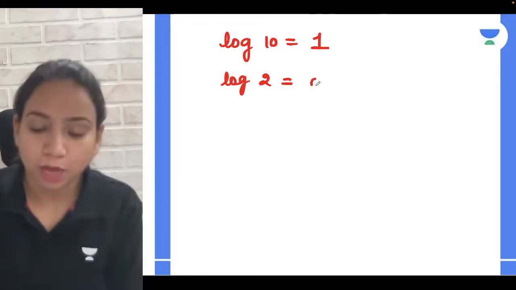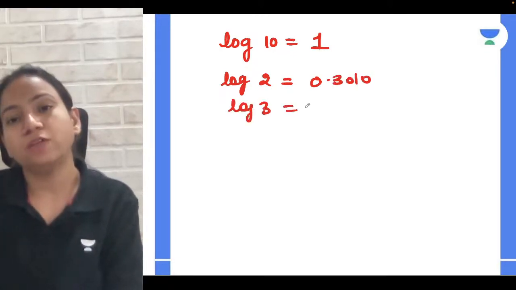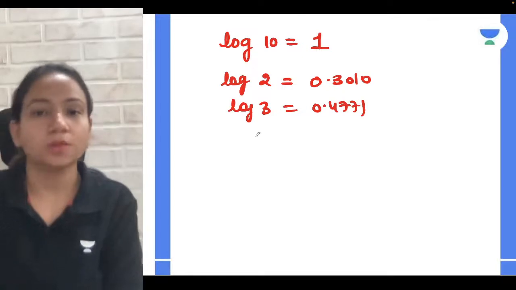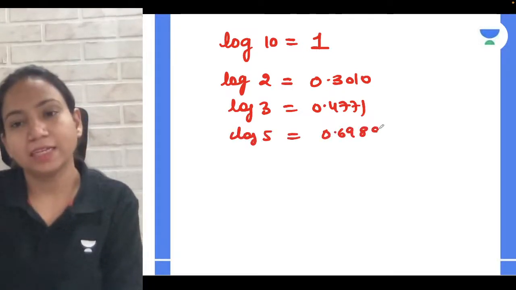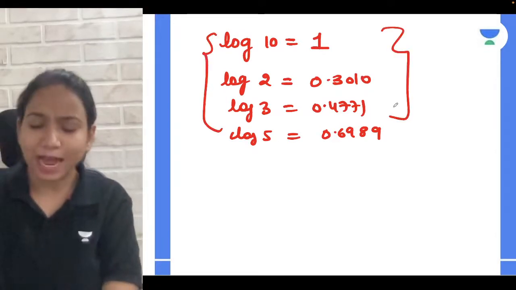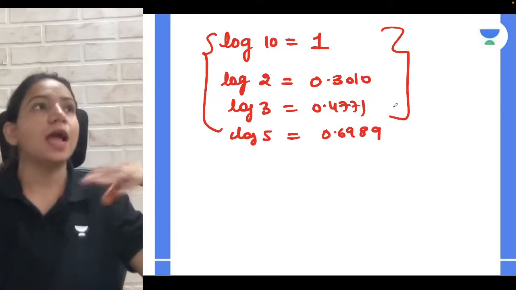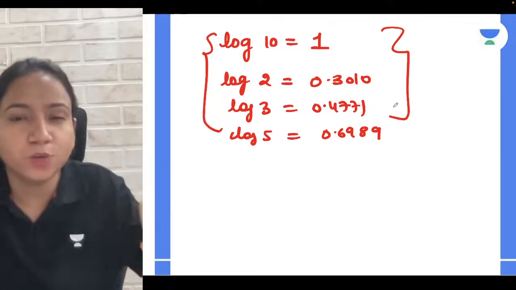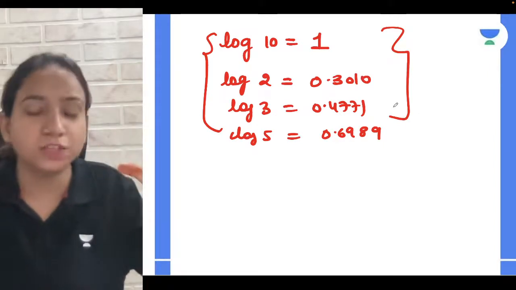So log 2 is 0.3010, log 3 is 0.4771, and log 5 is 0.6989. These four values you just remember. You can calculate 95% of the questions without any assistance, and for the remaining 5%, in any competitive exam or school exam, values are given.